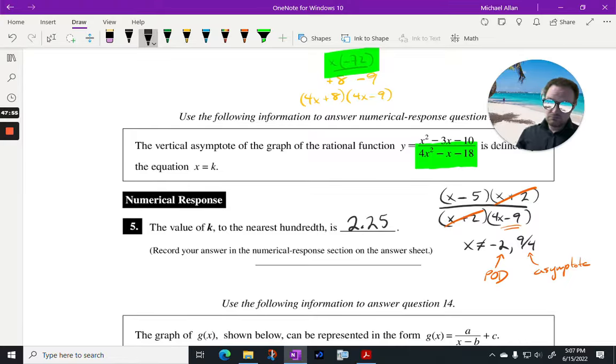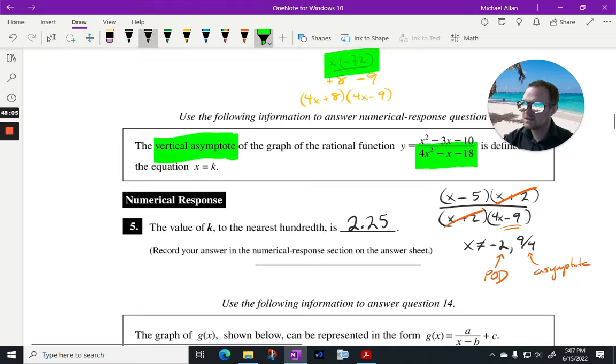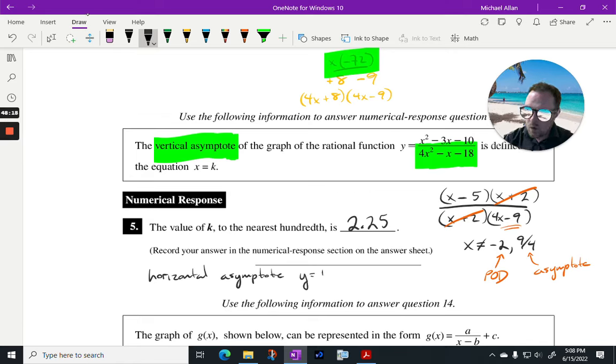Now a side note, just for the fun of it, this is my vertical asymptote, because this is what we're looking for. We're looking for the vertical asymptote here. My horizontal asymptote, just for the fun of it, is y is equal to 1/4, 0.25.